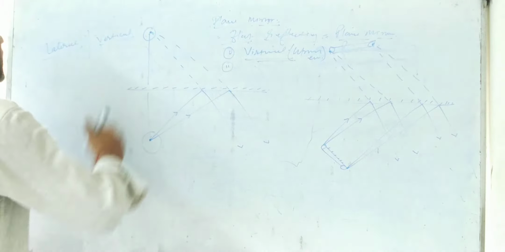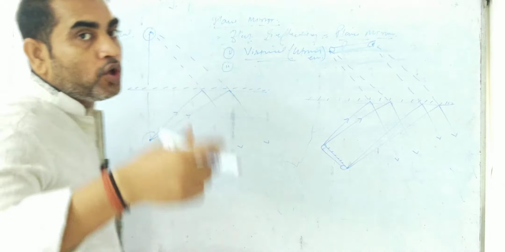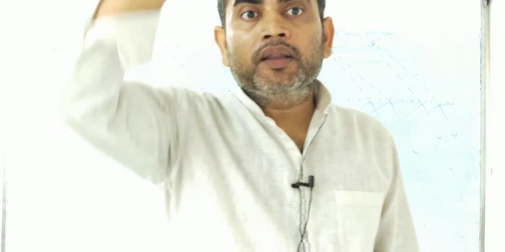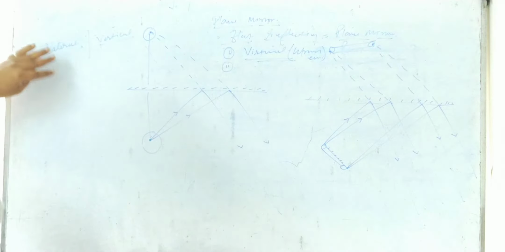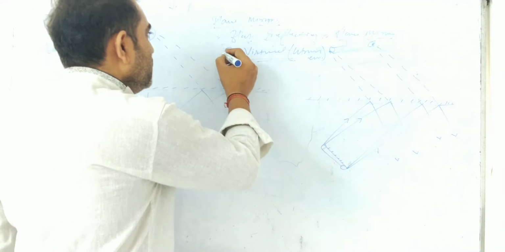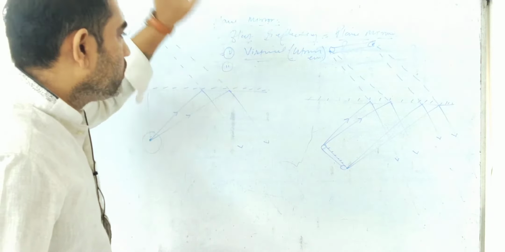And the other is the vertical inversion, when the top is at the bottom and the bottom at the top. That means your top is at the bottom place and the bottom at the top place. So that is said to be the vertical inversion. So there are two types of inversion. So in case of the plane mirror, the first characteristic is that the image formed will be virtual, obviously.